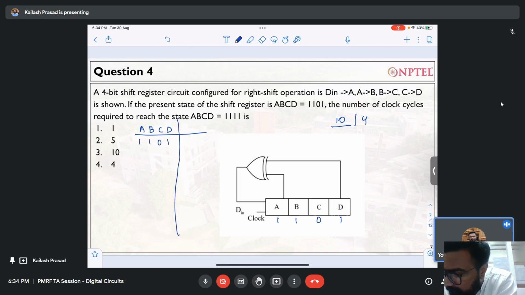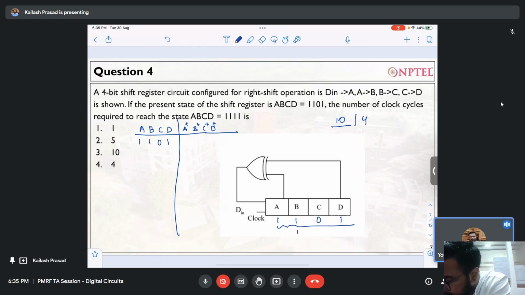What I will do is make A+, B+, C+, D+, so that's my next state. Please see here that this will be shifted. If this will be shifted, what will happen? This will be 1 1 0. So that is clear, right? So this will be 1 1 0.